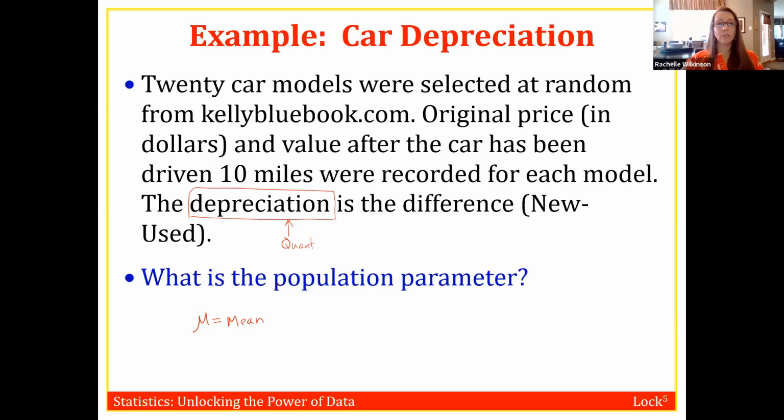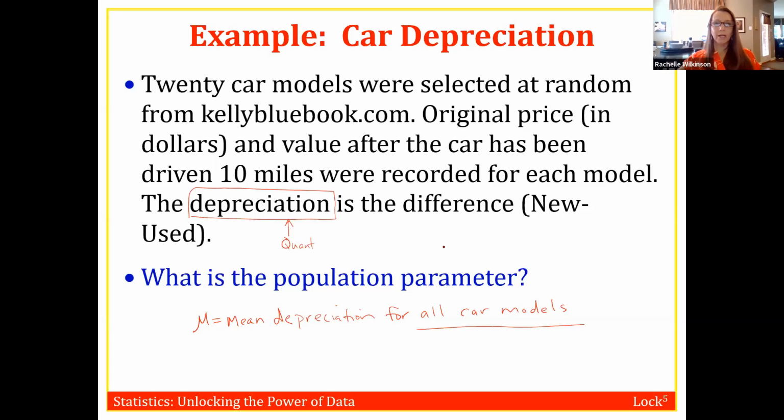Well, we measured depreciation, so it's the mean depreciation for, okay, and this is where I fill in what my population was. So what did we say our population was? We said our population was all car models. So mu is the mean depreciation for all car models.